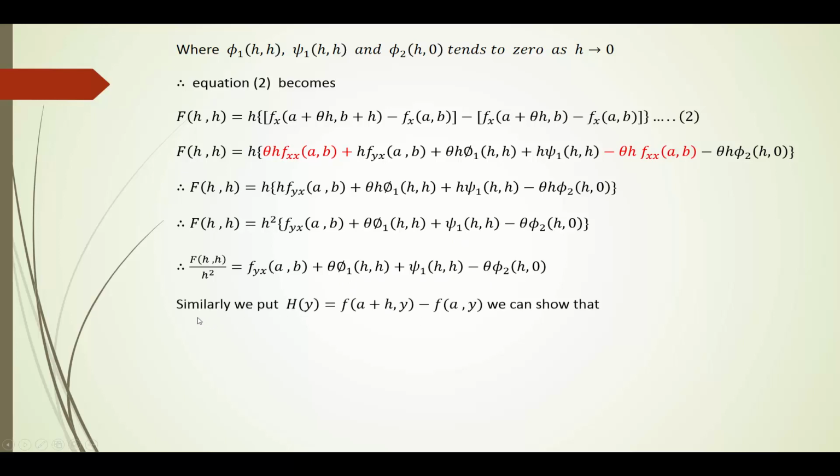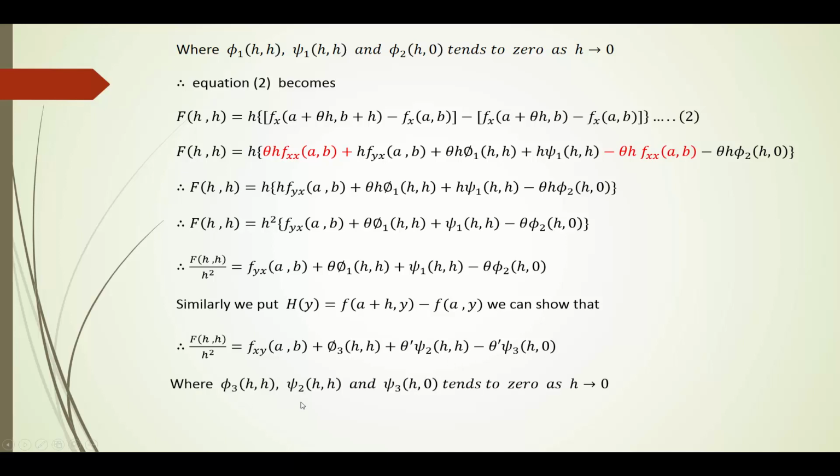Now similarly also if we put h in y, equal to f of a plus h, y minus f of a, y, means in terms of y, we can show that f of h upon h square equal to f_xy(a, b) plus phi_3(h) plus theta dash psi_2(h) minus theta dash psi_3(h), where phi_3, psi_2, psi_3 tend to 0 as h tends to 0.